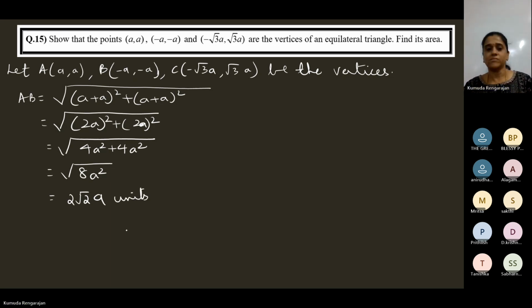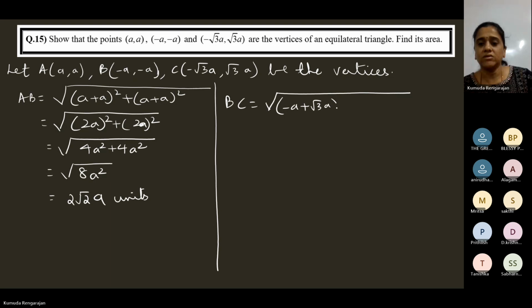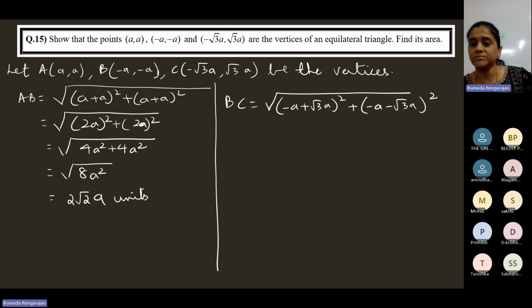All right. Now let's find BC. BC is equal to square root of, subtract the x coordinates. So it will be minus a plus root 3a the whole square plus minus a minus root 3a the whole square.